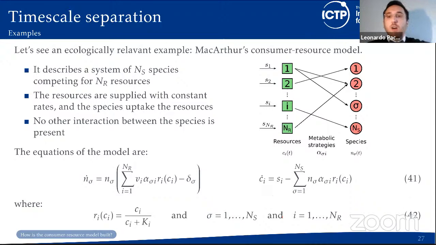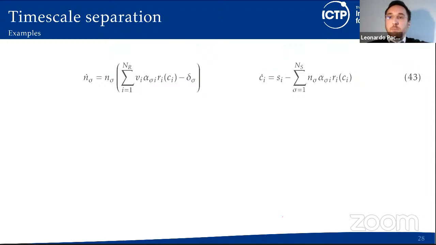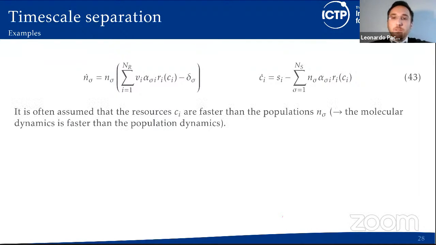Now, what people often do, but this is not something that people always do, is assuming that the dynamics of the resources is actually much faster than the dynamics of the microbial populations.